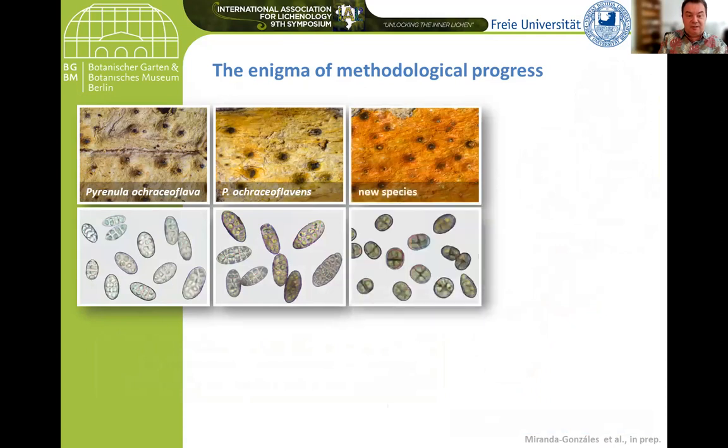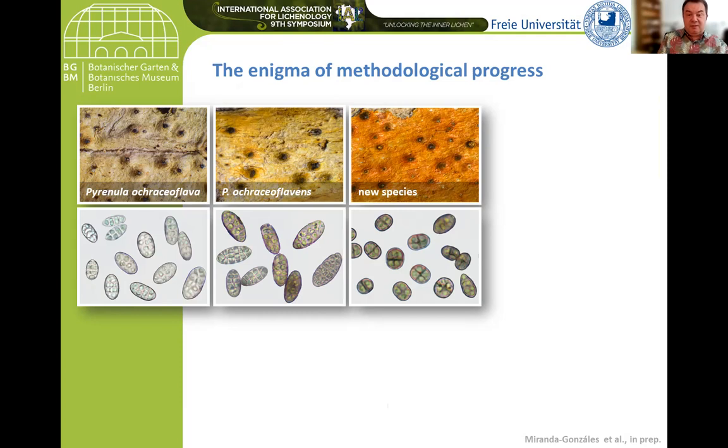One group, the ochraceoflava group, which are these orange Pyrenulas that mostly occur in dry forests, by Ricardo Miranda Gonzalez and co-authors, in a paper that is in preparation. You see the 2 common species, ochraceoflava and ochraceoflavens, they differ only by ascospore features, ascospore size and septation, just a single character, and this has always been accepted.